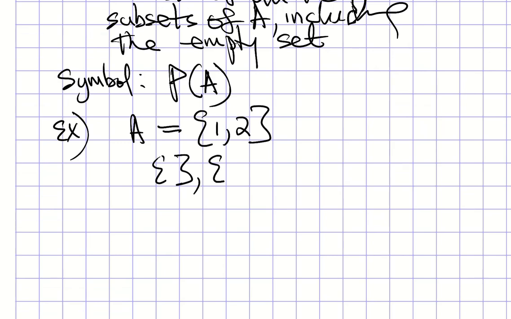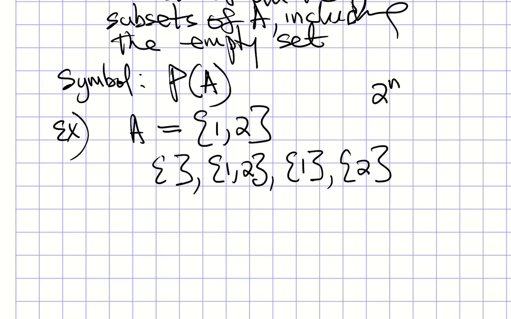You have A itself, which is 1, 2, and then you have a set consisting of 1. You have a set consisting of 2, right? So that's all the subsets, inclusive, because you remember our formula 2 to the n. This set has 2 elements, so 2 to the 2 is equal to 4.